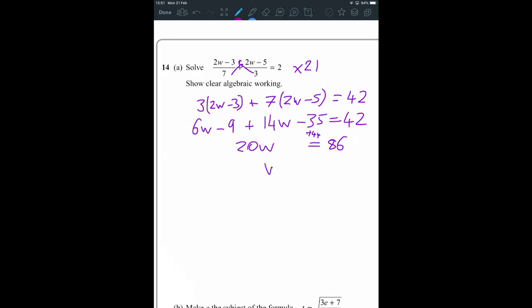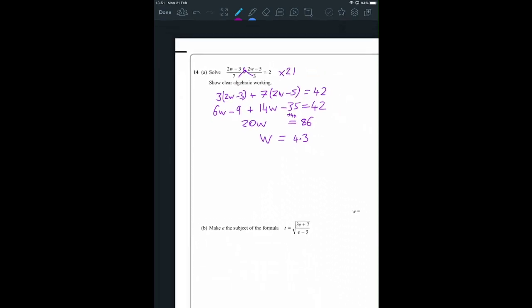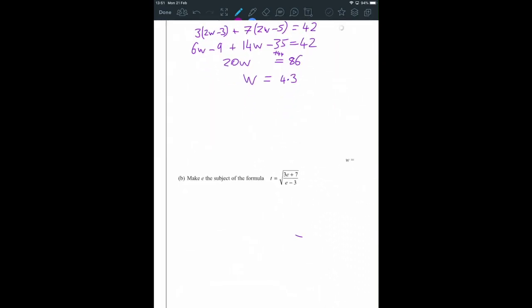That's 68. Divide through by 20, and I get my answer of 4.3. Once again, it's worth subbing that back into the original question to double check you've got it right.